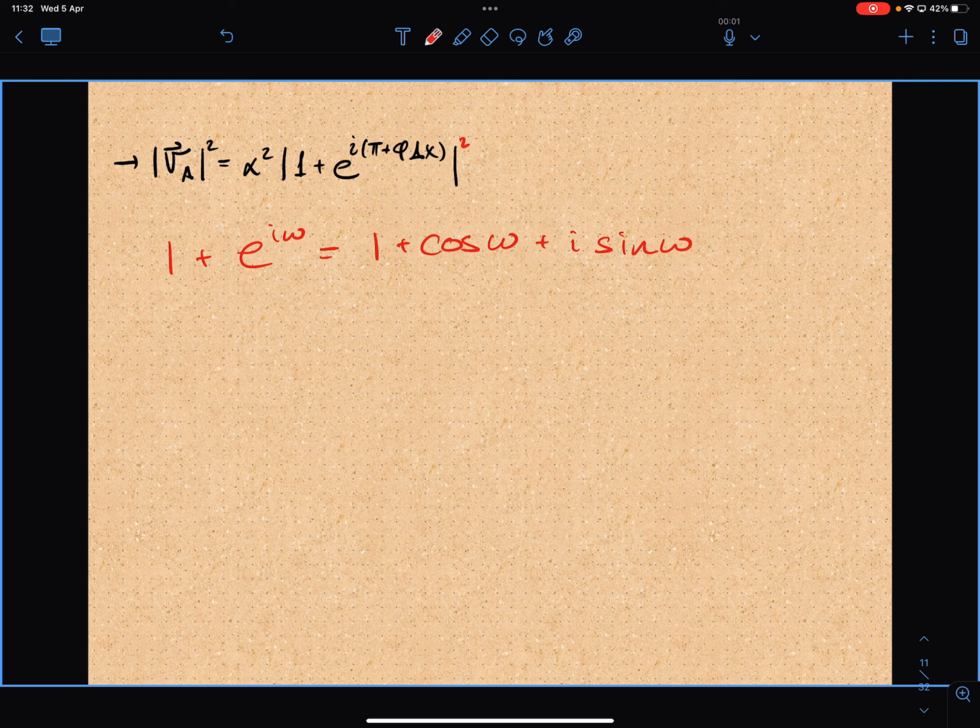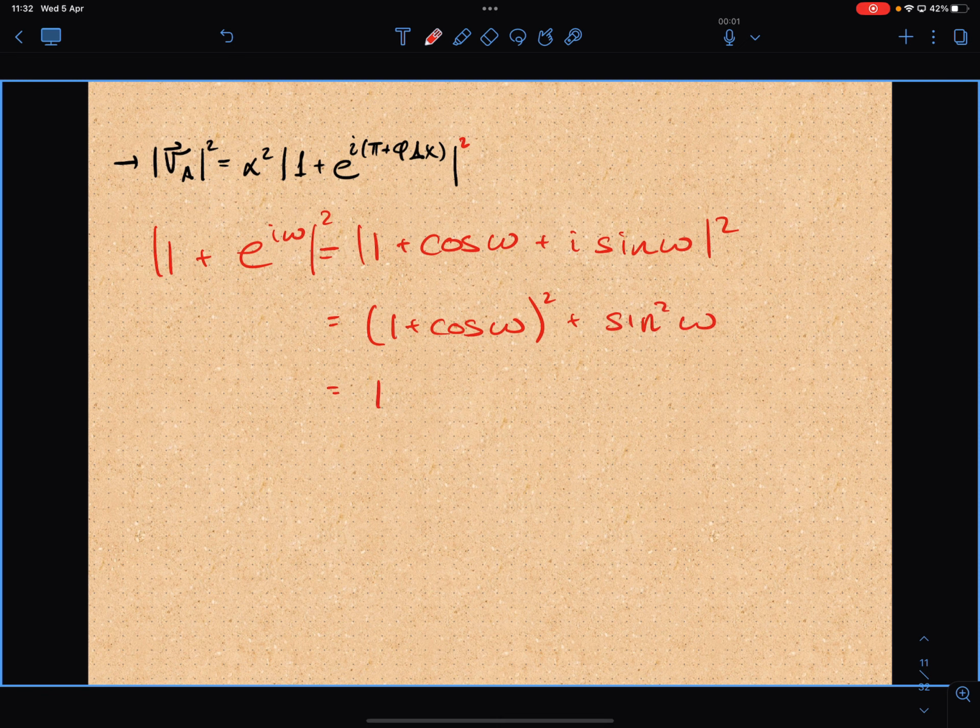And then we're taking the norm squared of this. This is going to be 1 plus cosine omega squared plus sine squared omega.